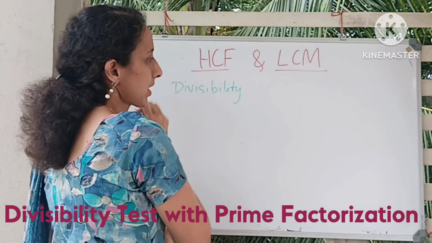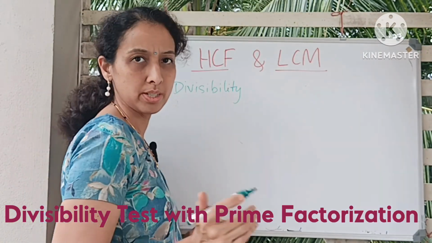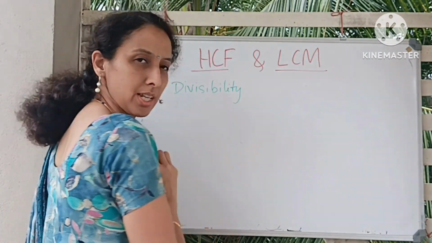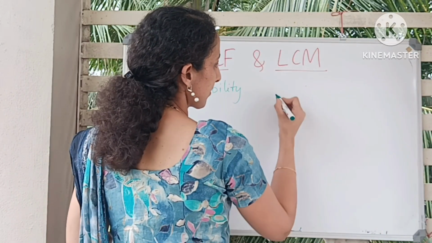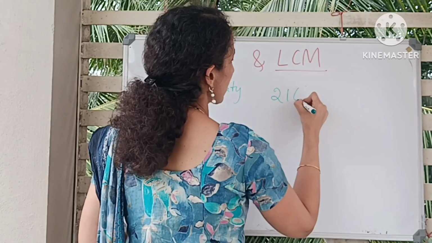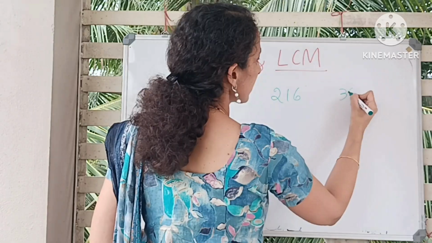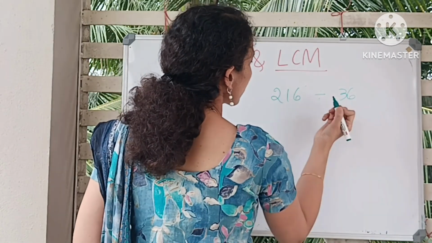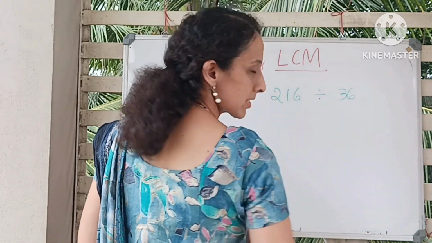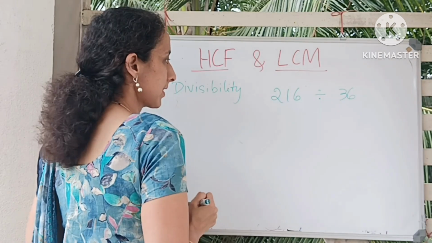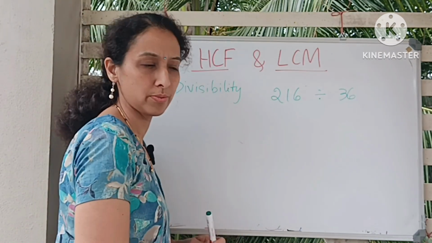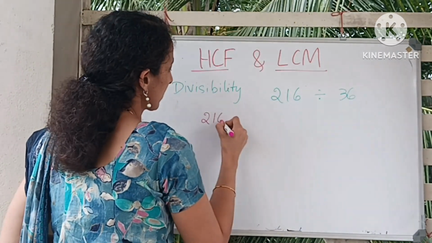Let us see how to check divisibility of a number by another number with the help of prime factorization. Let me take two numbers 216 and 36 and see if 216 is divisible by 36. Let us first prime factorize both of these.